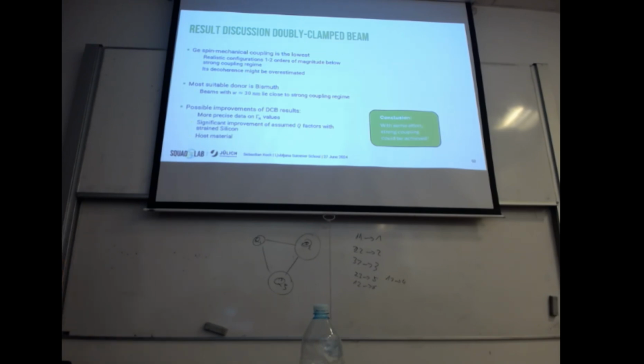So we expect that because of the missing extra electron, the coherence is much better. Unfortunately, this also affects the coupling to the mechanical resonator, and we would need to work harder there than, for example, for bismuth.